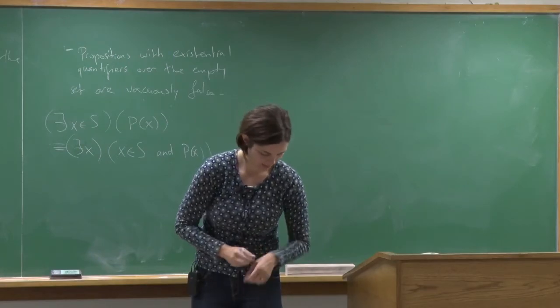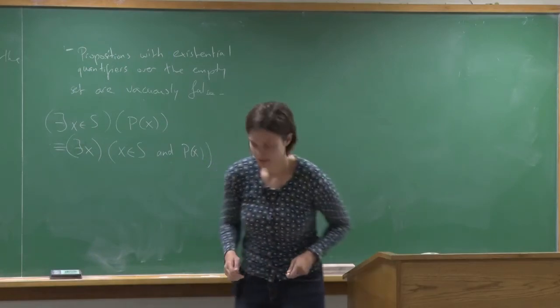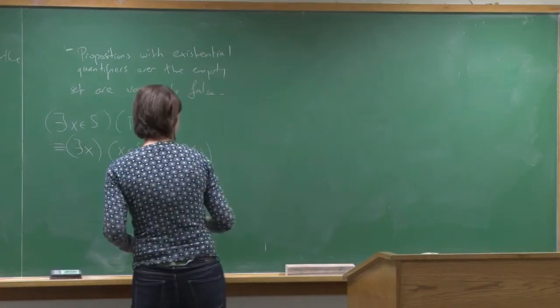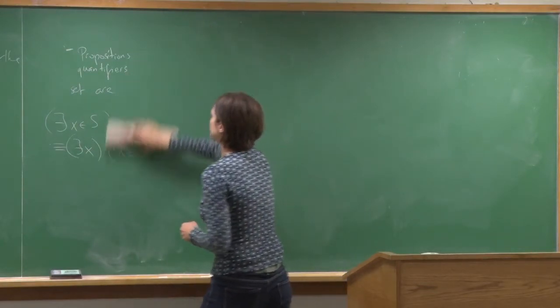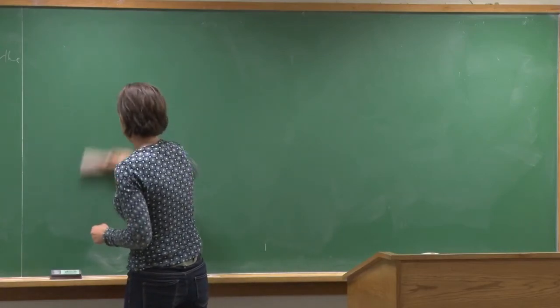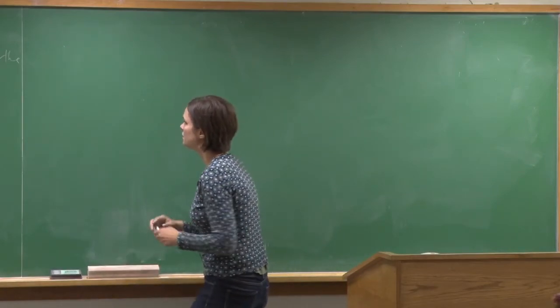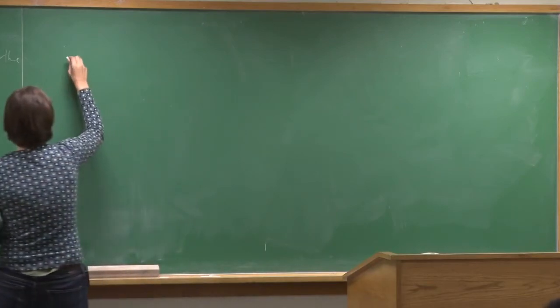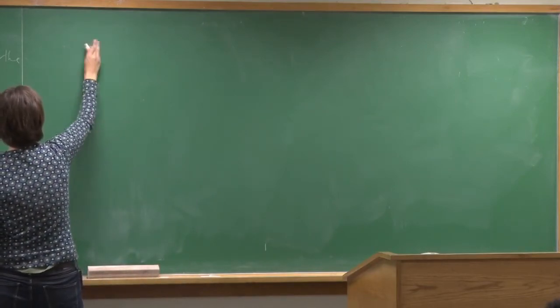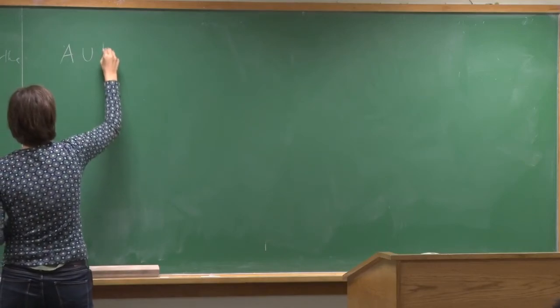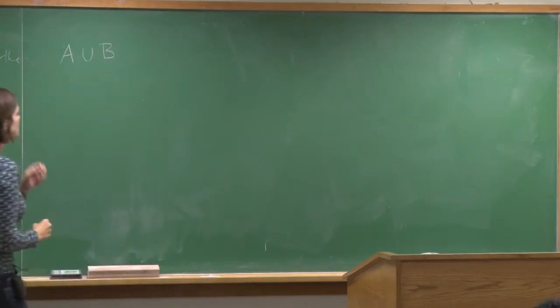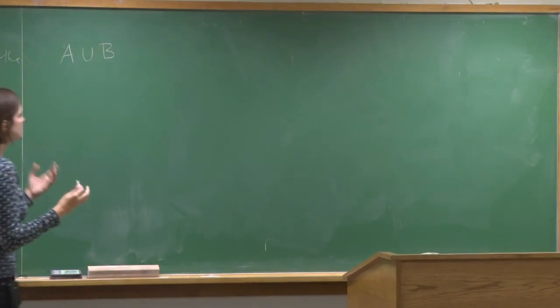Okay, good. Okay, so set operations. Let's put this next to each other. You've probably seen these before, but we can talk about the union of two sets, A and B, and this is related to this other symbol.